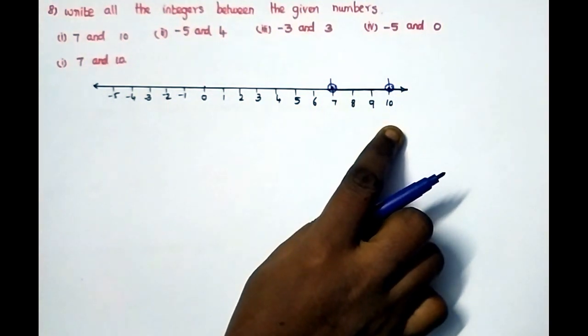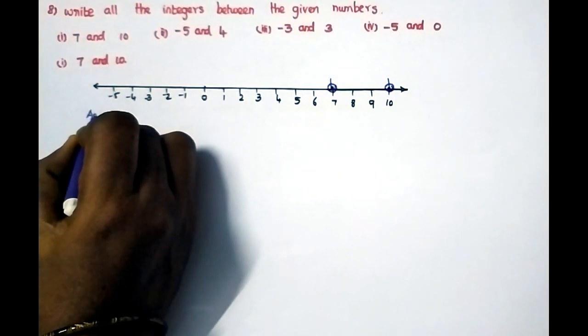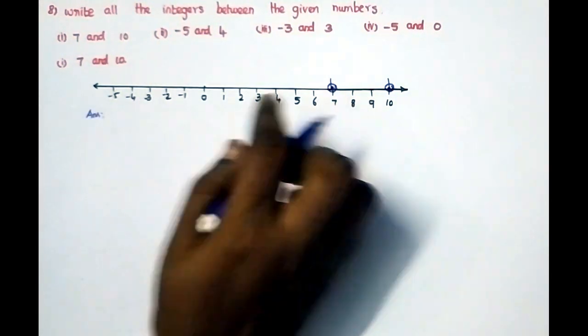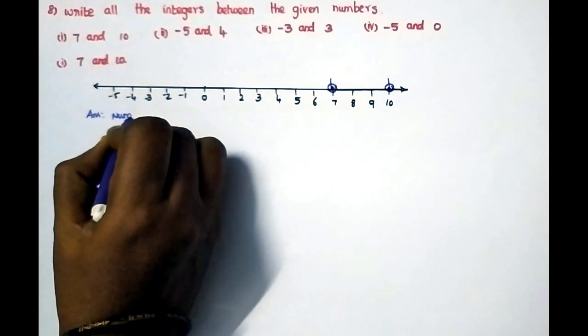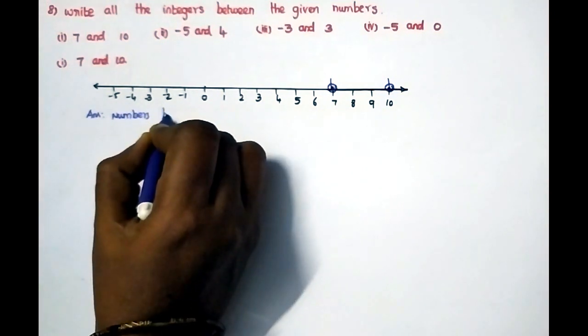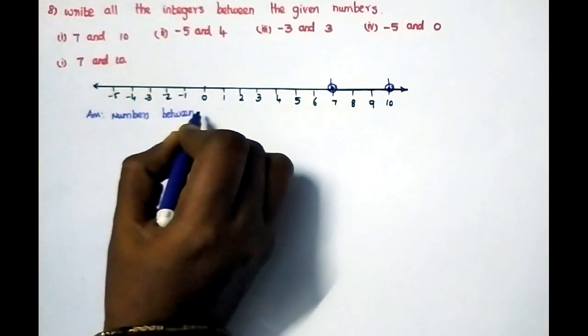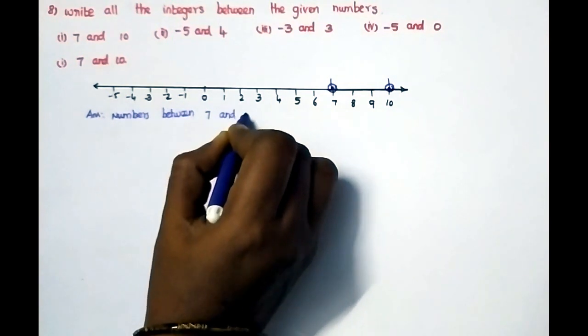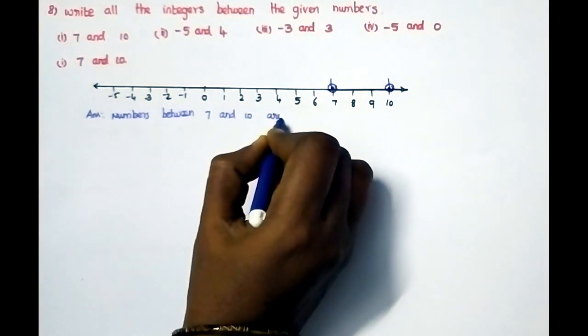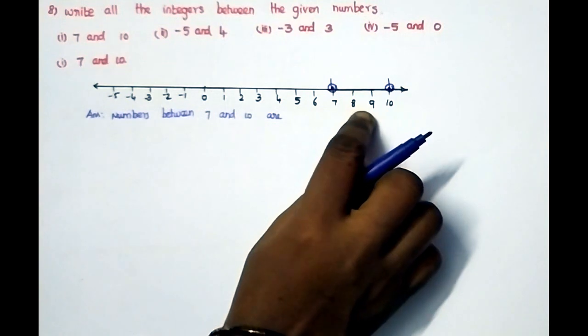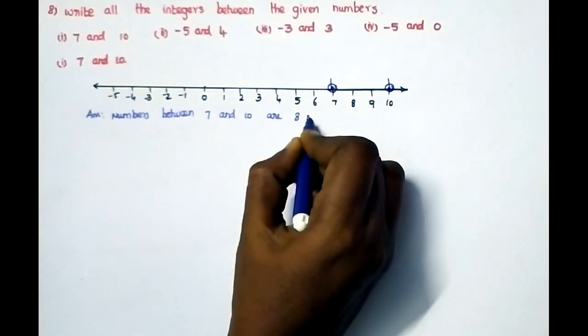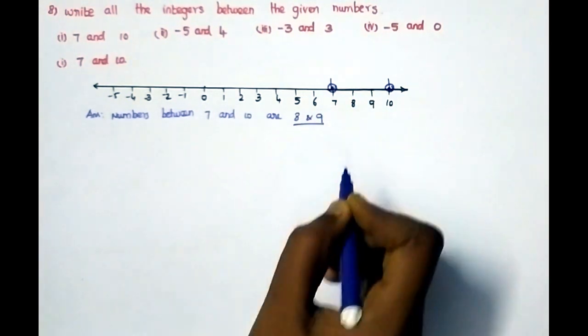That is only the question. So answer the numbers between 7 and 10 are, what are they? That is 8 and 9. That is the answer.